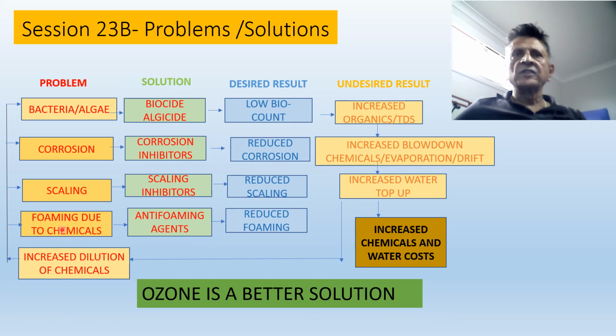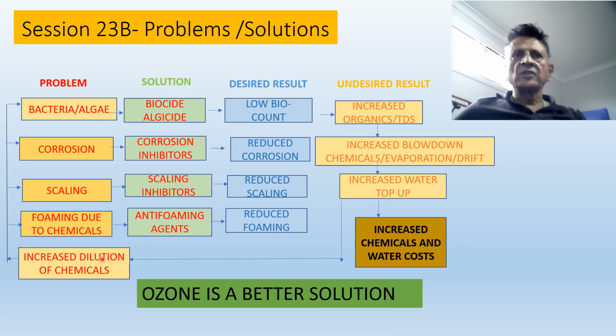Because of the addition of all these chemicals, we have to add anti-foaming agents that will reduce the foaming, but at the same time increase the TDS, which will increase the blowdown and increase the water top-up. That will cost, because when you increase the water top-up, you are increasing the chemical and water cost.